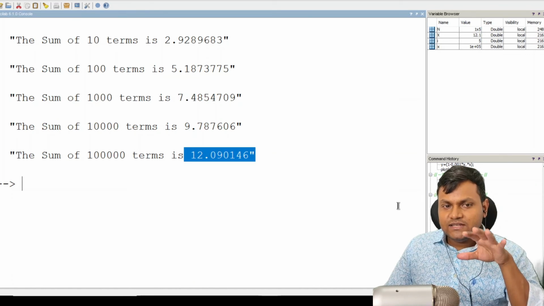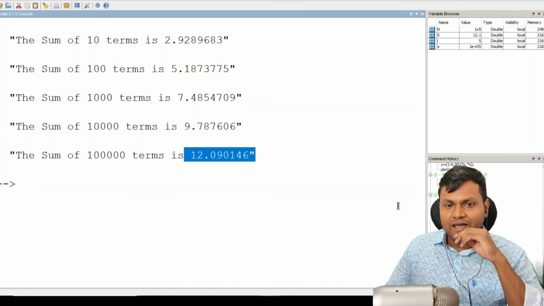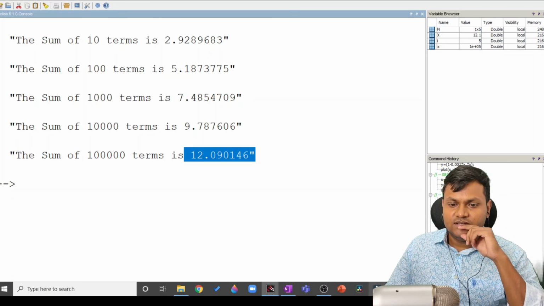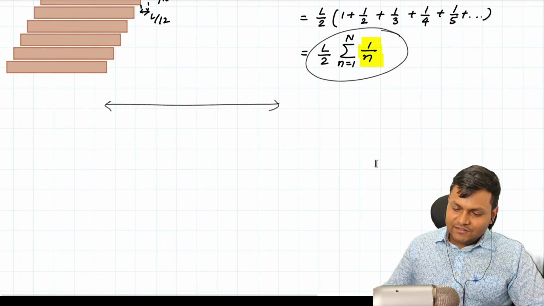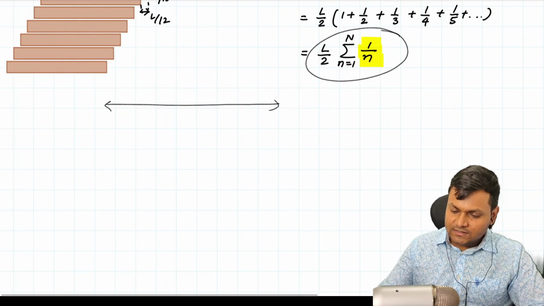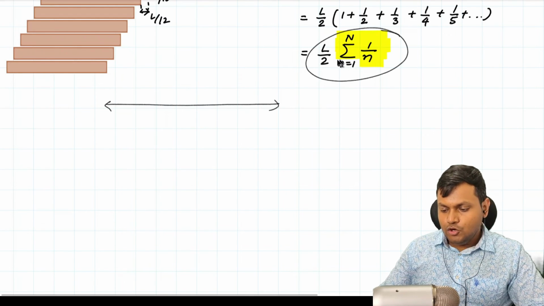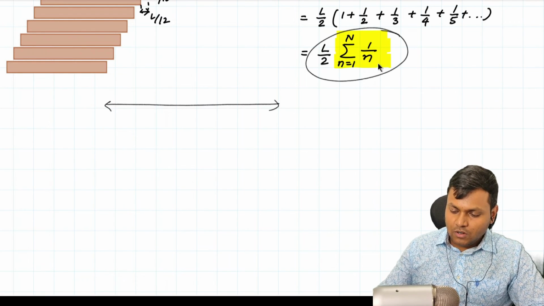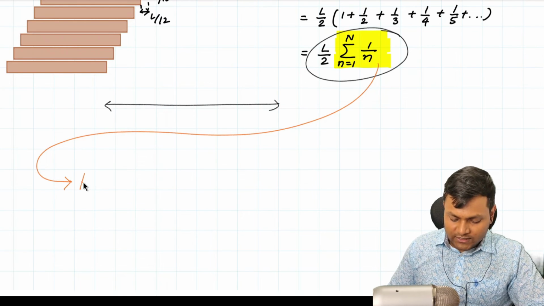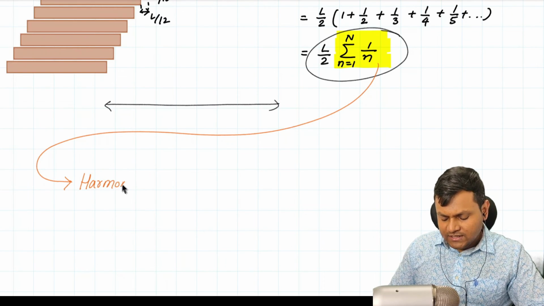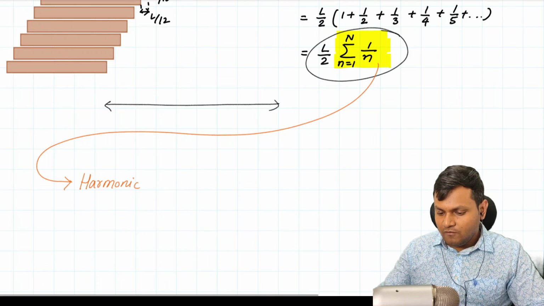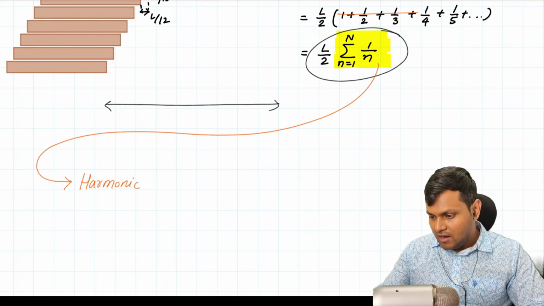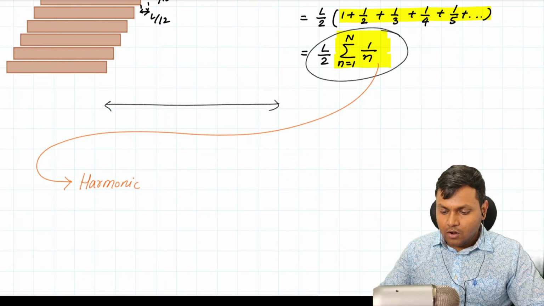What is interesting is that this series does not converge to a finite value. This infinite series is actually a diverging series. In fact, this particular series is known as a harmonic series. A harmonic series is a sum of these terms: 1, 1 half, 1 by 3, 1 by 4, 1 by 5, on and on.